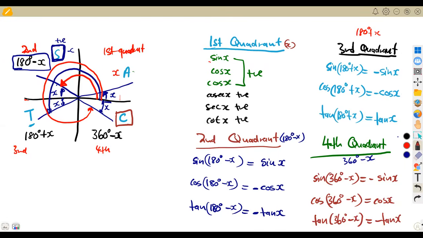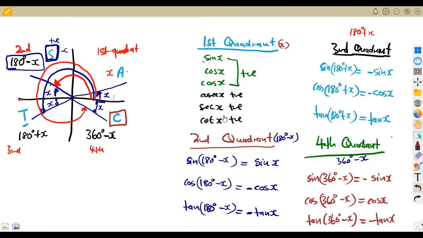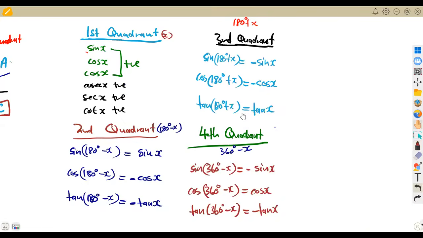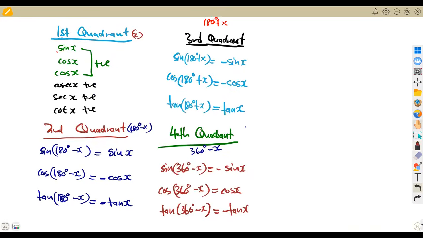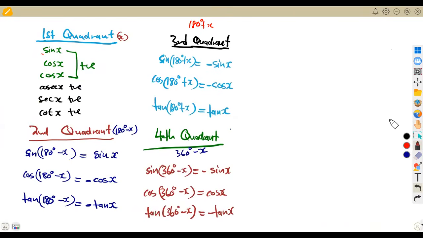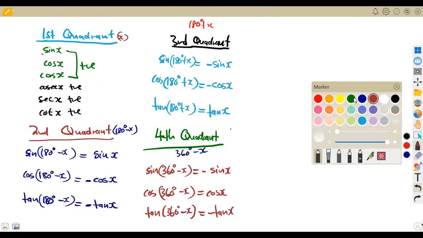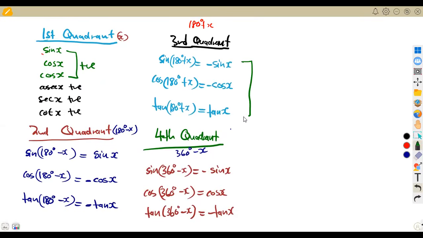Like I was saying, if you understand this concept here, let us explain from the third quadrant what I was trying to explain in the first quadrant: if sine is positive, therefore cosec is positive, sec is positive from cos, and tan.